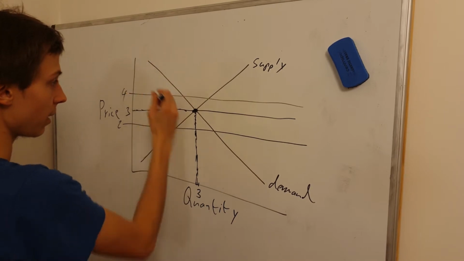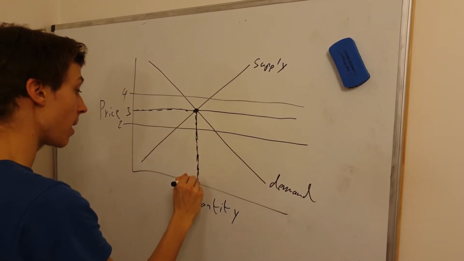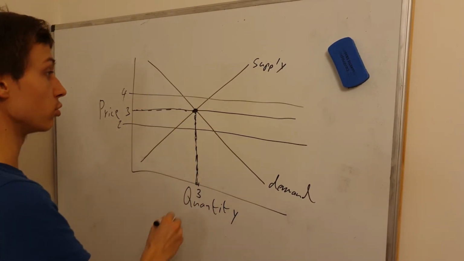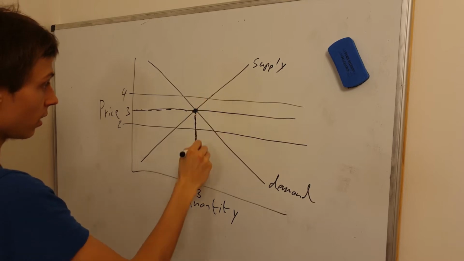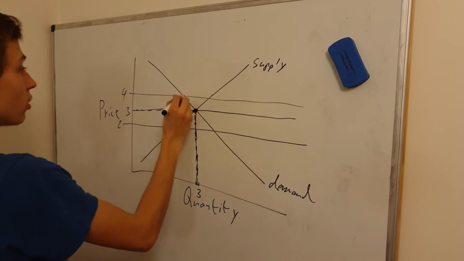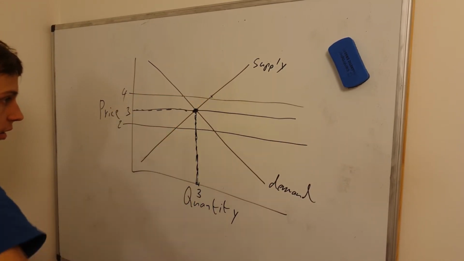Now you do the same for demand at that point, and because they cross again, the quantity demanded is the same as quantity supplied at the equilibrium. But whatever other price we choose, it's going to intersect the two curves at different points, and then the quantities are going to be different.